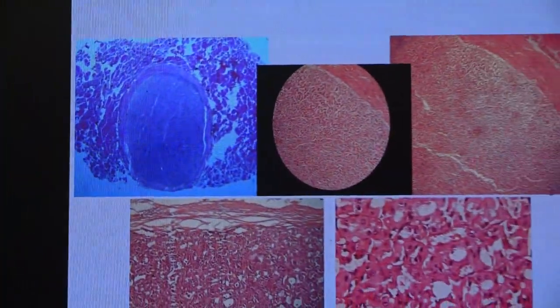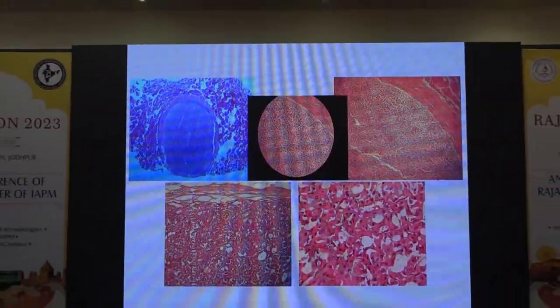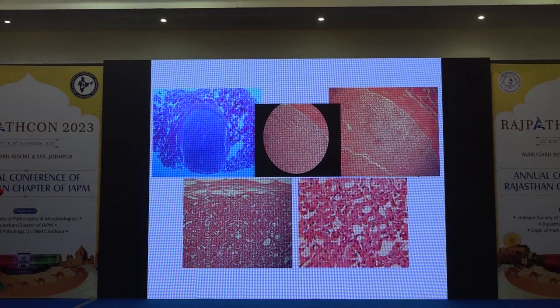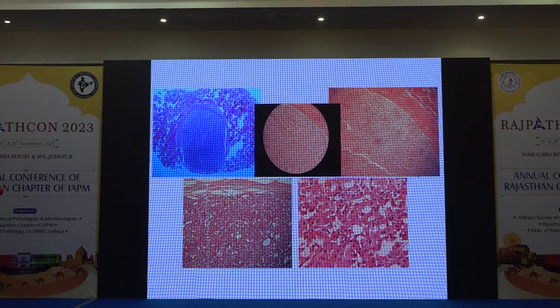This is a follicular adenoma showing hemorrhages in the adenoma with surrounding normal thyroid, which is very well circumscribed, and you can see a nice capsule all around. So this is a small adenoma I have taken to show that it is surrounded on all sides by the thick capsule.